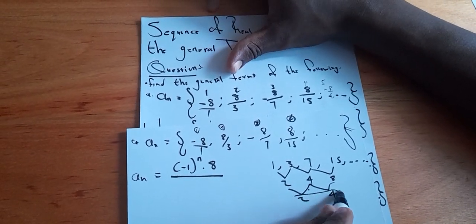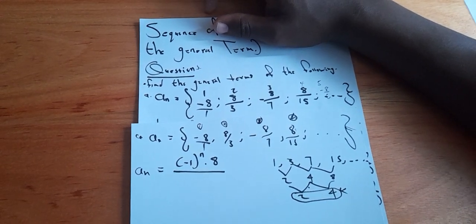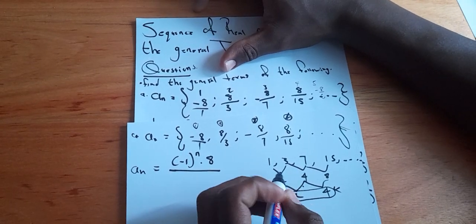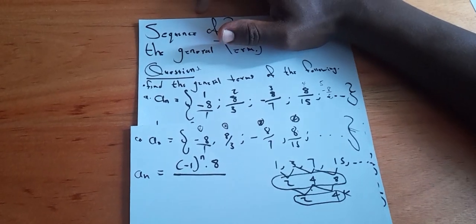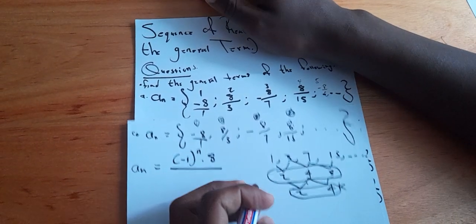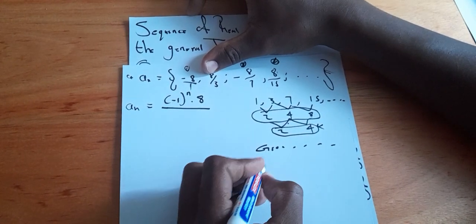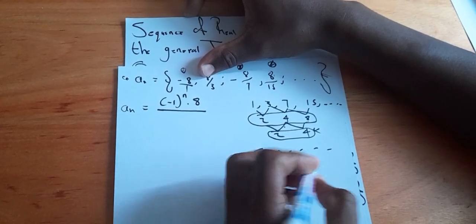We see that the second difference is not constant, which tells me that it is not quadratic. And again, the first difference is not constant, which tells me that it is not arithmetic. So now we have to test for geometric. For geometric, we know that r is given by t of n plus 1 divided by t of n.